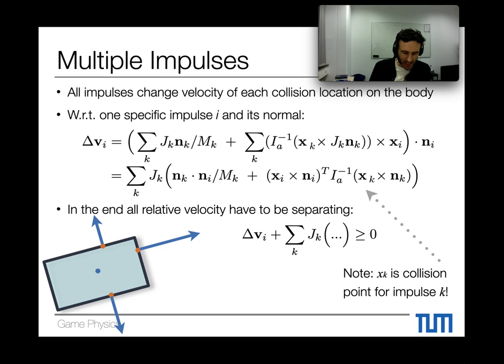Namely, that the relative velocity, or all the relative velocities that we had, they need to be separating in the end. And this is now a bit of a tricky part.